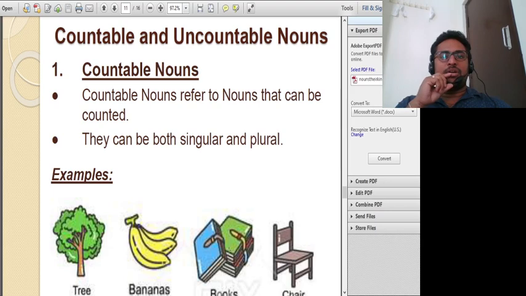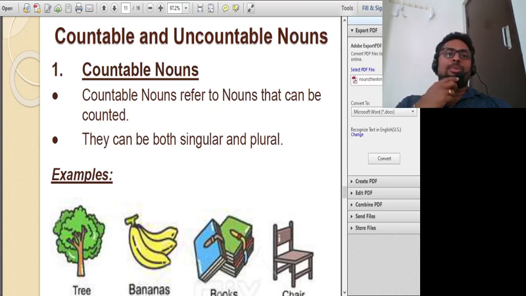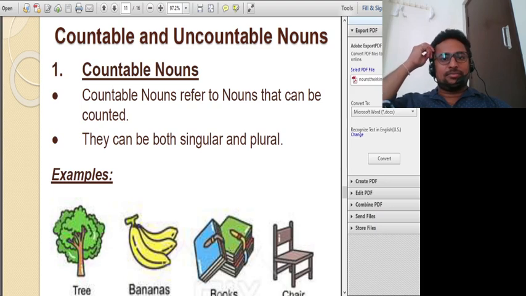Hair is uncountable. Please, you do not pronounce hairs. Hair has to be pronounced in the singular form. Rice, petrol, milk, diesel. We do not have a plural form for the uncountable nouns.